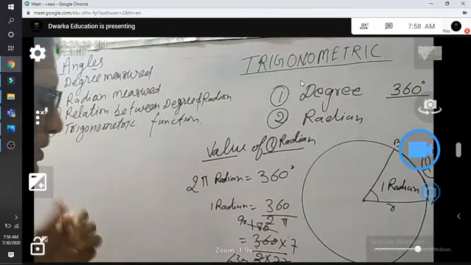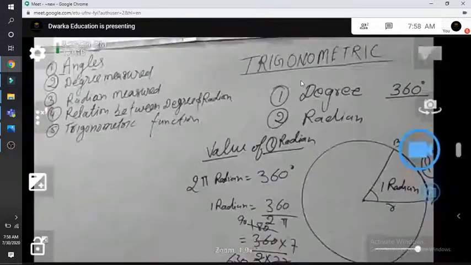It is going on. The value in 1 radian is equal to 57.16.